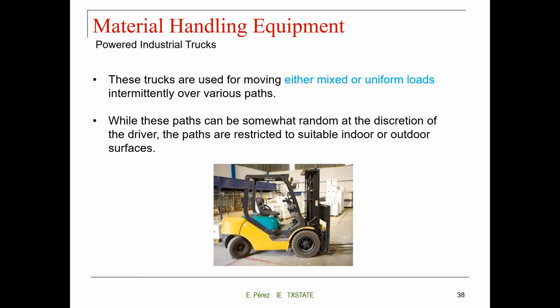Power industrial trucks. These trucks are used for moving either mixed or uniform loads over various paths, or these paths can be somewhat random. At the discretion of the driver, the paths are restricted to suitable indoor or outdoor surfaces.